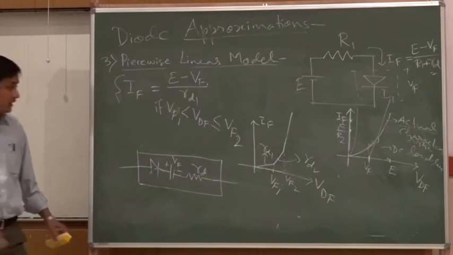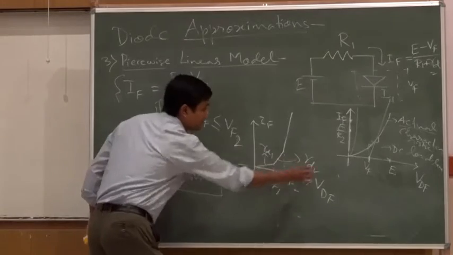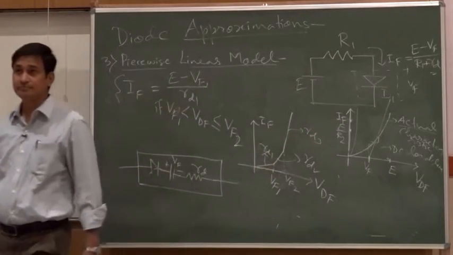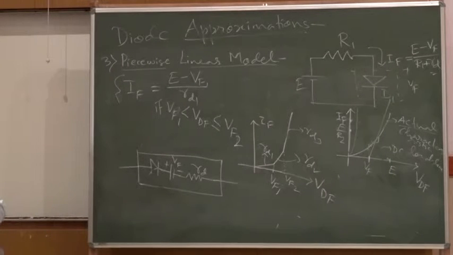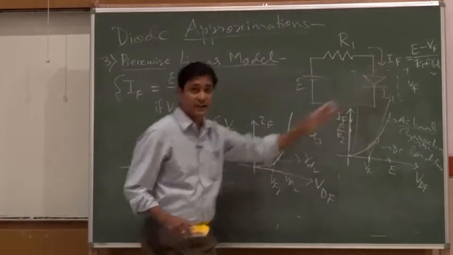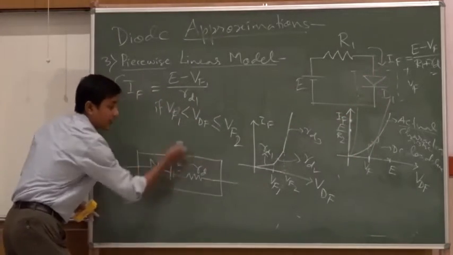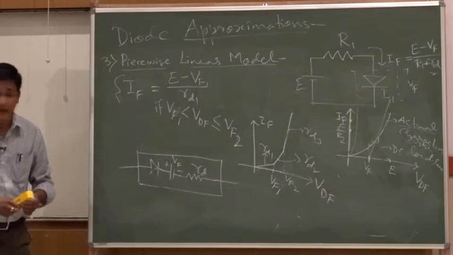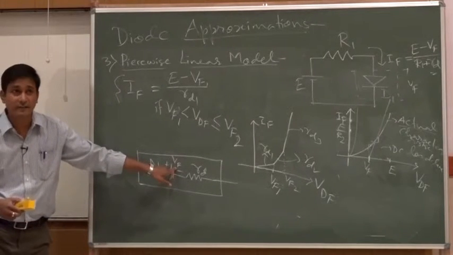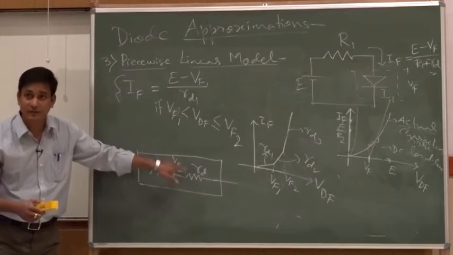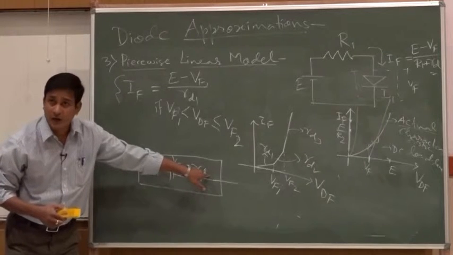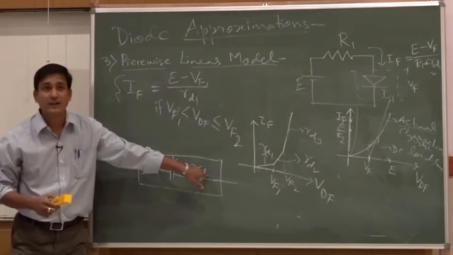And if VDF is beyond Vf2, then another resistance RD3 can come. That way, I can find that the total curvature can be represented by this circuit itself, where Vf will not be a constant Vf, but sometimes Vf1, sometimes Vf2, sometimes Vf3, and this RD will be sometimes RD1, RD2, RD3 like that.